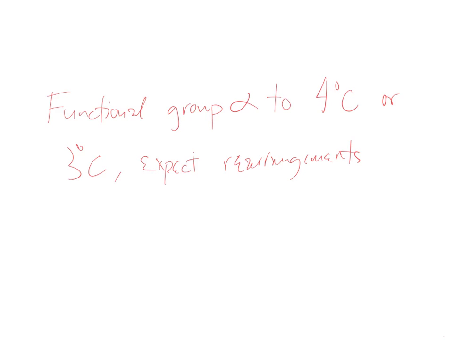Okay? And the reason why is the intermediate form, remember we had the rule of thumb there, the intermediate that you were forming was more stable than what you were starting off with.